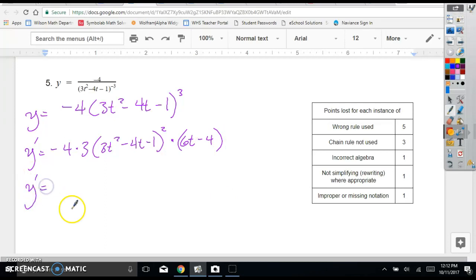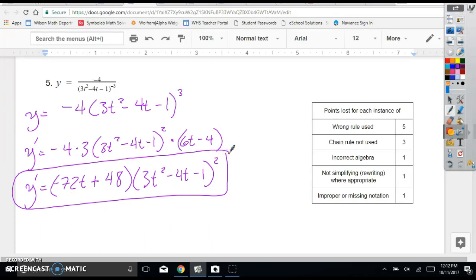So put some of this stuff together. This is negative 12, all multiplied into this guy because I have no exponents. So negative 12 times 6 is negative 72t, and negative 12 times negative 4 is positive 48. And this is going to be multiplied by 3t squared minus 4t minus 1 all squared.